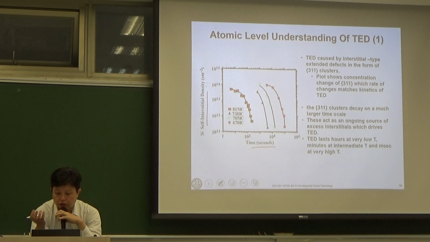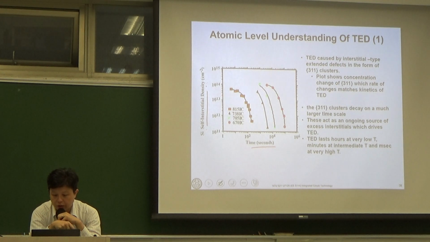By emitting them, the cluster shrinks, becoming smaller and smaller in volume. But when they inject these interstitials, that will increase the supersaturation of your interstitial concentration. If you have more of that interstitial supersaturation, then you can see the more pronounced TED.